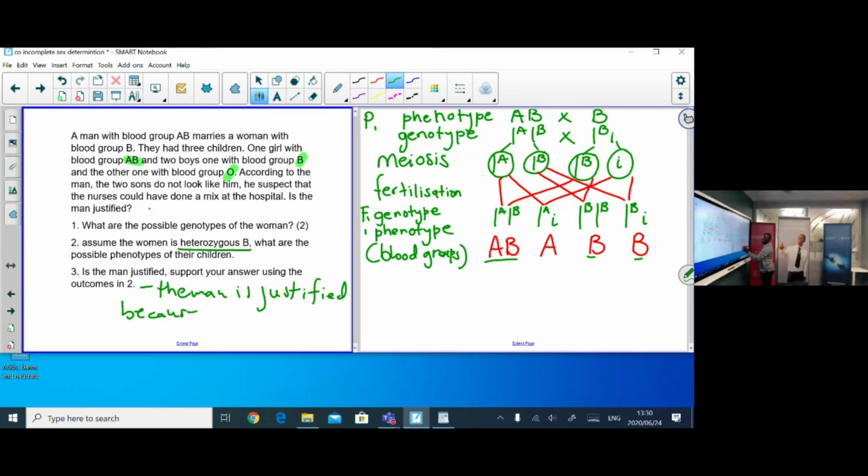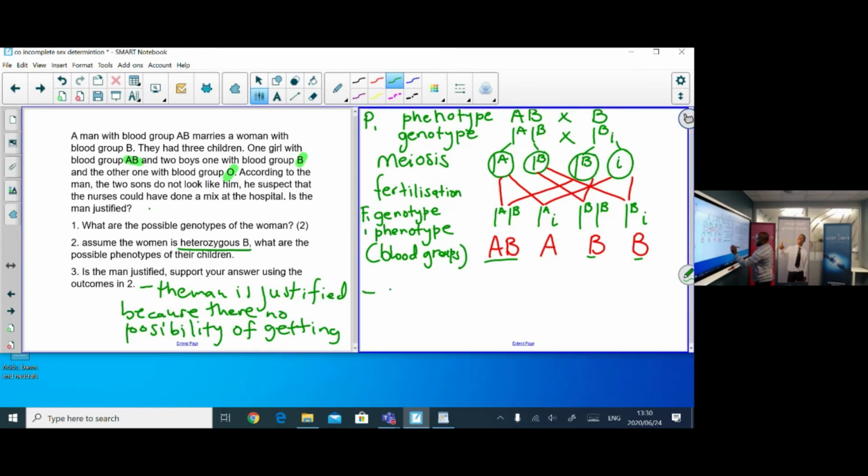because there is no possibility of getting a child with blood group O. So the man is justified.